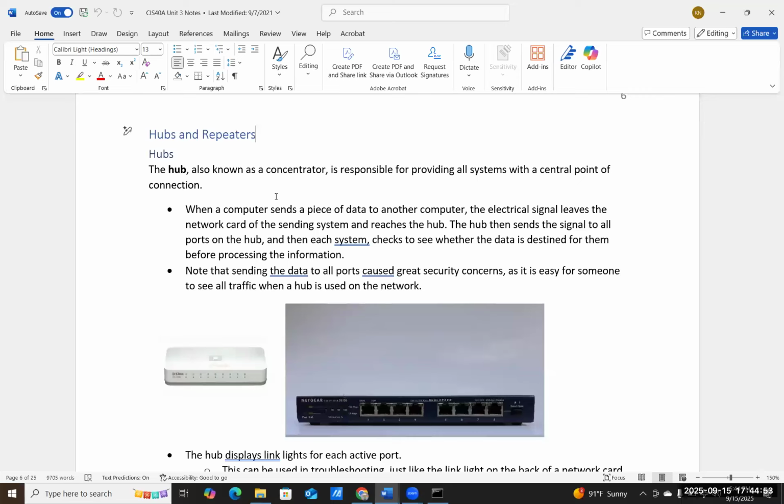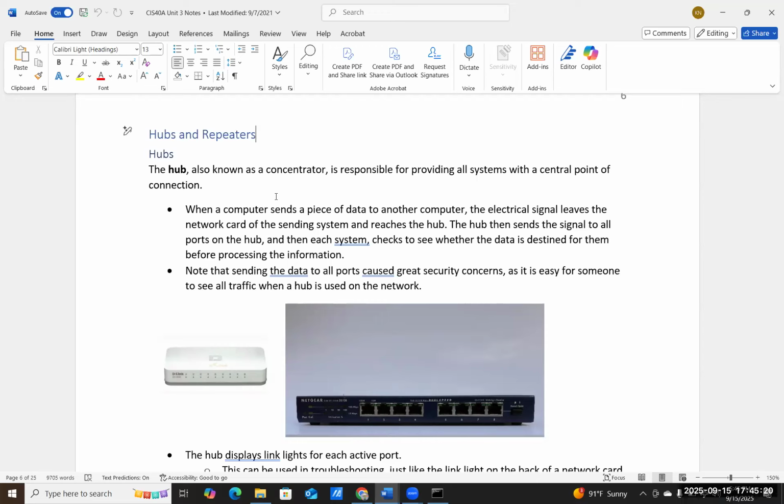Where you have a repeater, it takes the same signal and sends it down. So if you have a repeater and an amplifier, it takes that signal, strengthens it, heightens it, and then sends it down. So the repeater's job is to make sure that the signal is carried a further distance, where an amplifier makes sure that the signal is strong from send to receive, right?